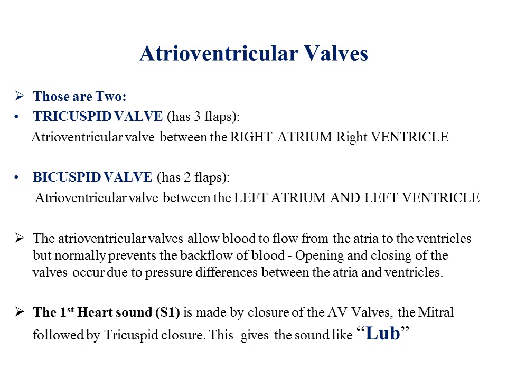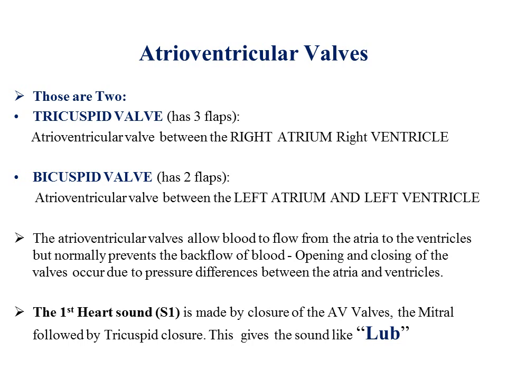Of the two types of atrioventricular valve, let us start with the tricuspid valve, which has three flap structures, and as we mentioned before, it lies between the right atrium and the right ventricle.